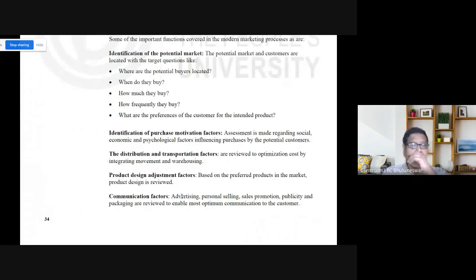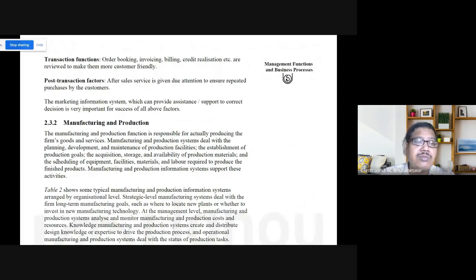So these are different possibilities we are carrying out from one to other. Identifying the potential marketing structures is also important before going for the adoption of modern marketing systems.